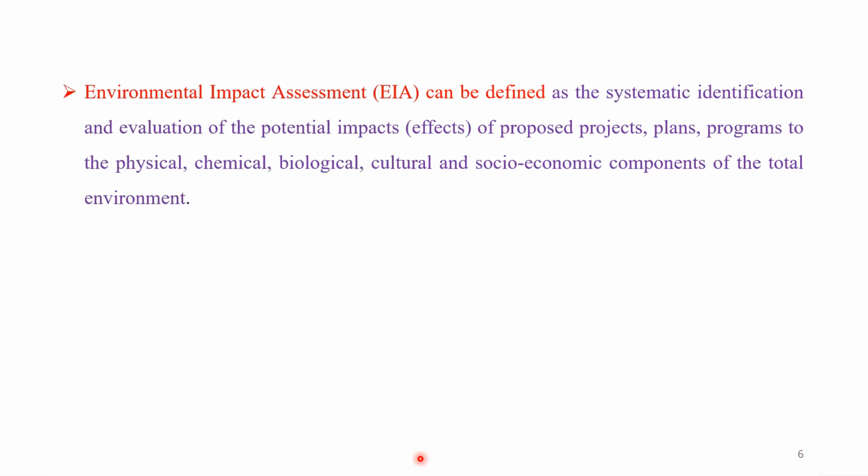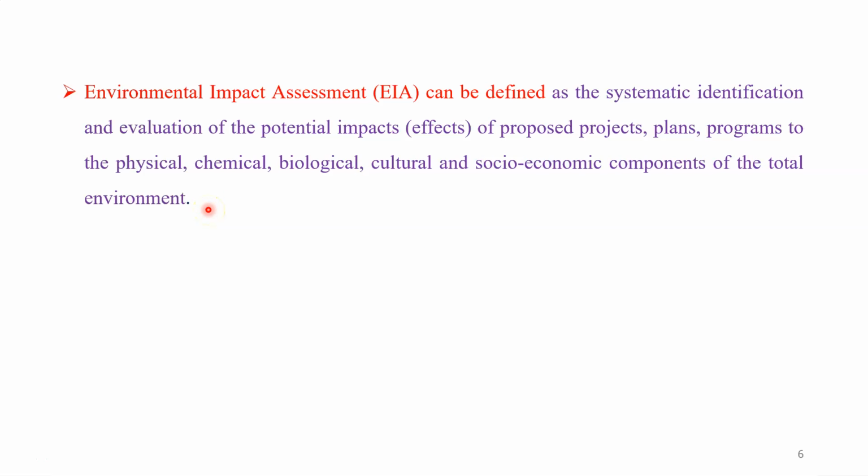Dear student, another definition of environmental impact assessment is the systematic identification and evaluation of potential impacts, that is EPIC, of a proposed project, plan, or program on the physical, chemical, biological, cultural, and socio-economic components of the total environment.